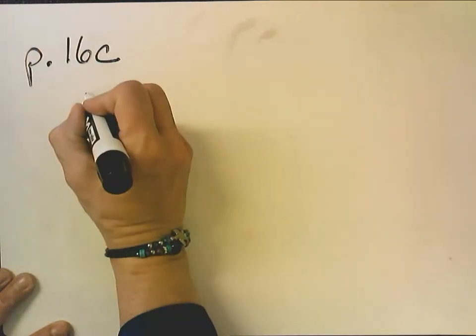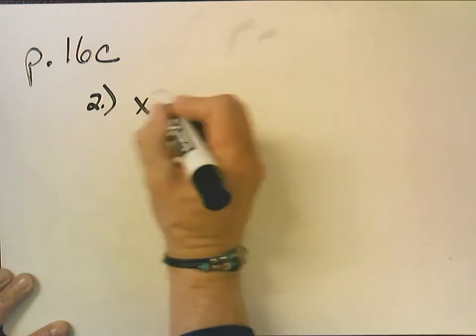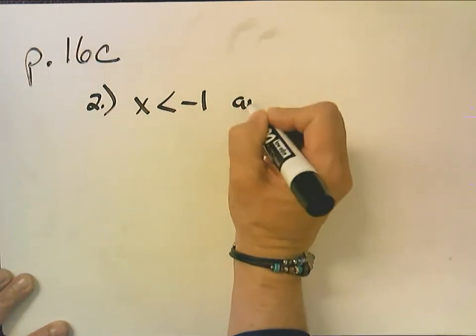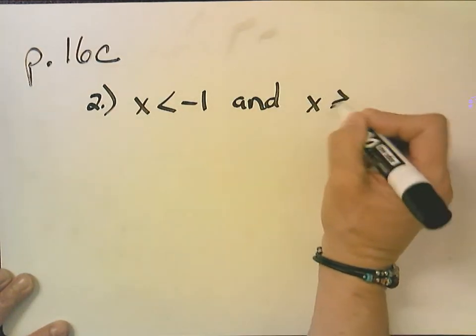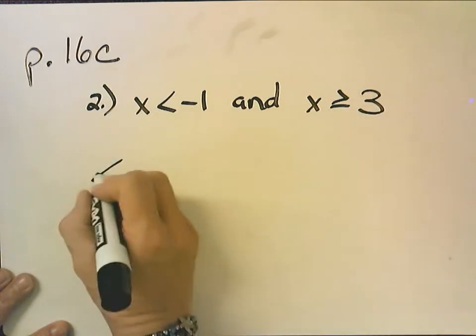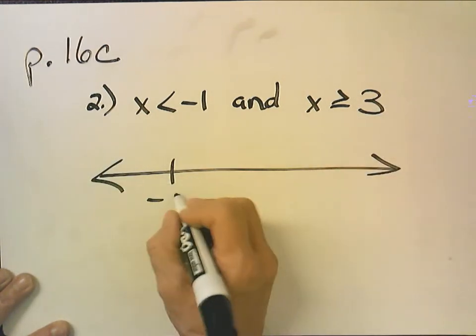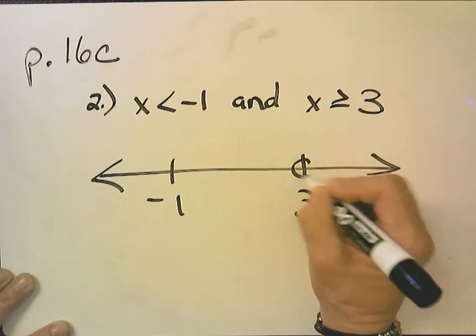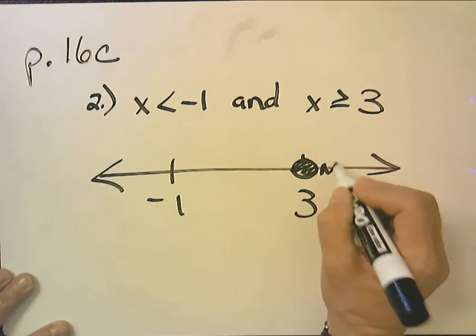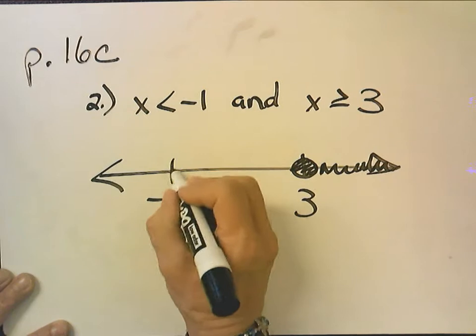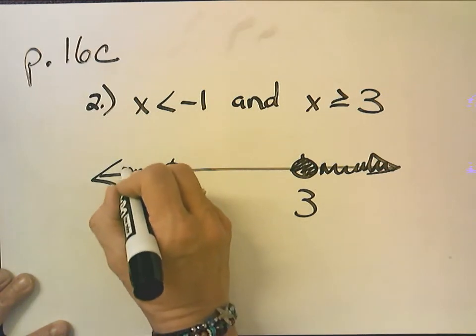Now let's look at number 2. Number 2 says x is less than -1 and x is greater than or equal to 3. So now here's -1, here's 3. So it's greater than or equal to 3 and it's less than -1.